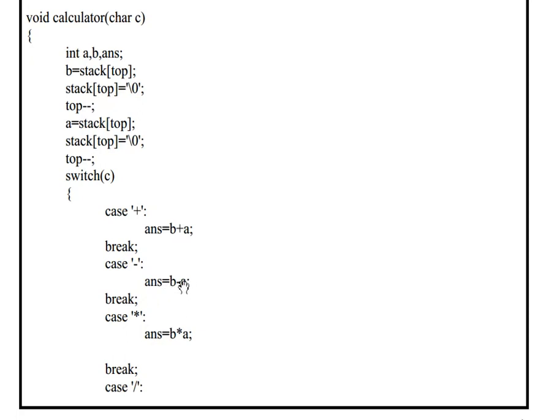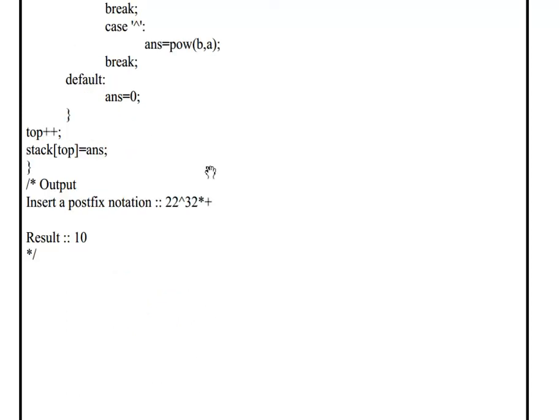This you need to modify. And for operator star we have answer is equal to b star a, and similarly apply all the operators. If none of the operators matches, that is, if it is not a plus, not a minus, not a star, not a division, or not an exponentiation, the default is going to be 0.